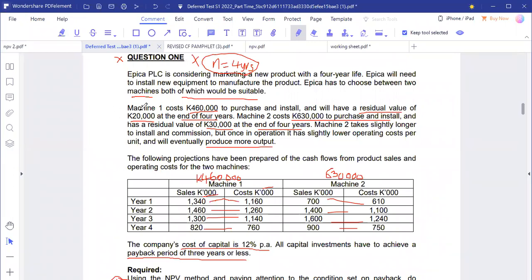So this scrap value, you should also account for it, because this is the amount at which you can sell this machine after it has been in use for a number of years, from year 1 through to year 4. So this residual value, that's why it was considered.